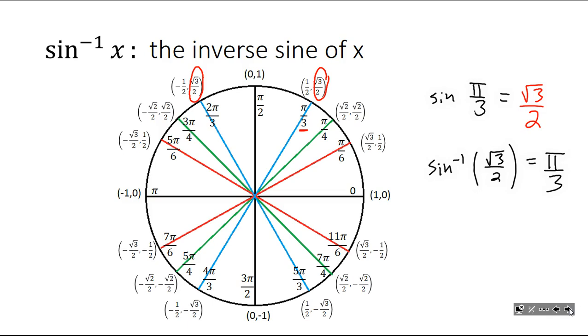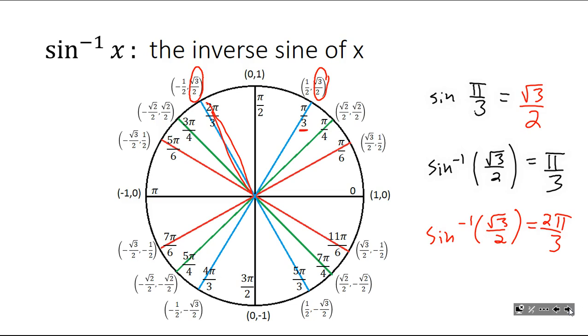Now, we couldn't argue with that logic, right? The y value over there in quadrant 2 is square root of 3 over 2. The problem is that person would say the inverse sine of square root of 3 over 2 is 2 pi over 3. And we'd have a problem. We'd be disagreeing. We'd have two different answers.